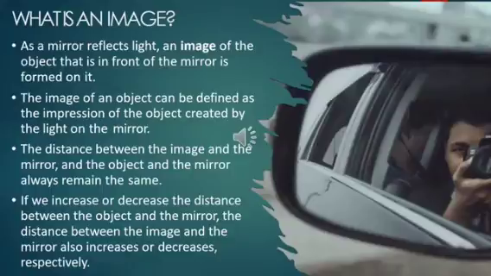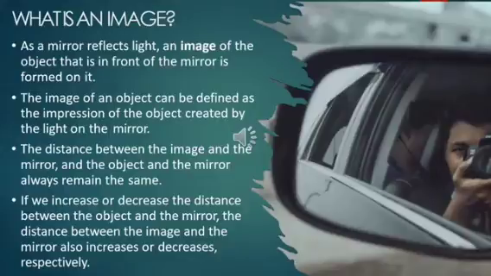There is one more important property which we will discuss next, where we talk about lateral inversion. So that we'll talk about later. Next, the distance between the image and the mirror and the object and the mirror always remain the same.